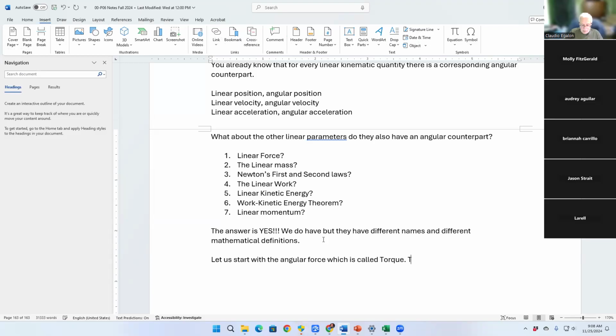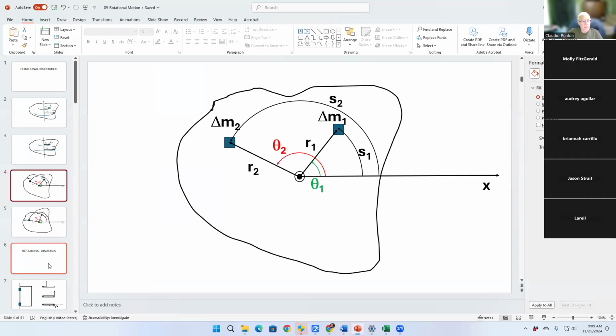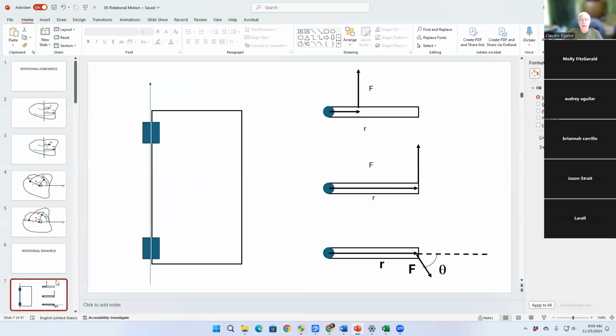There is a very simple way of illustrating the torque using our day-to-day experience. So let's consider the door at your home.